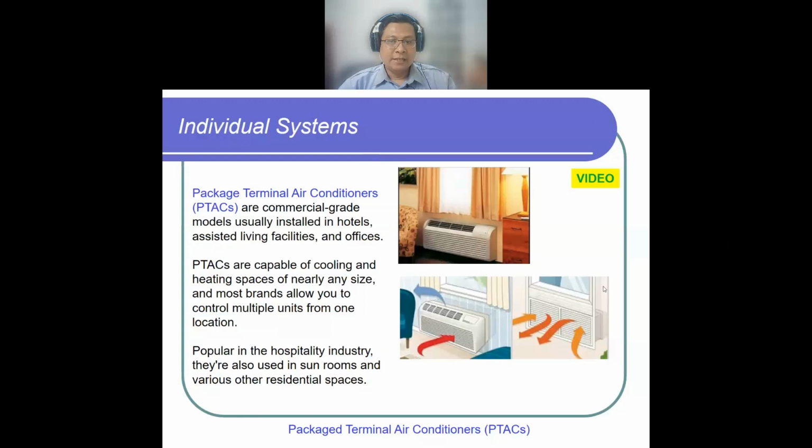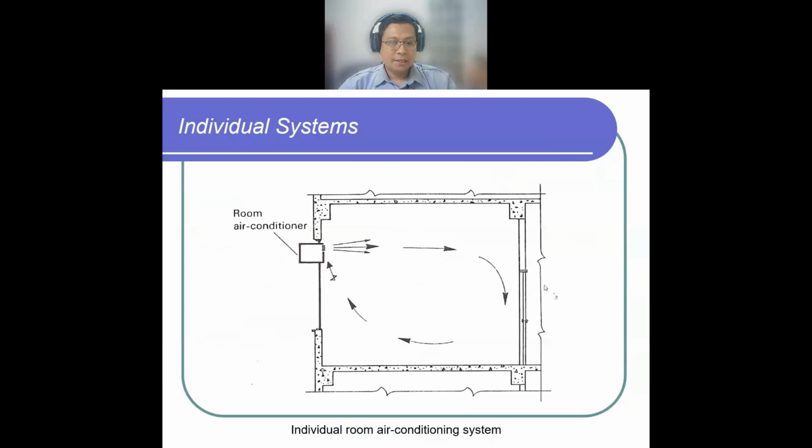Some they will design the split on the high level, and then they will blow in a low air distribution direction. Okay, you can see how they design. So if you have a split type with upper to lower airflow, you can put the evaporator system at a high level.